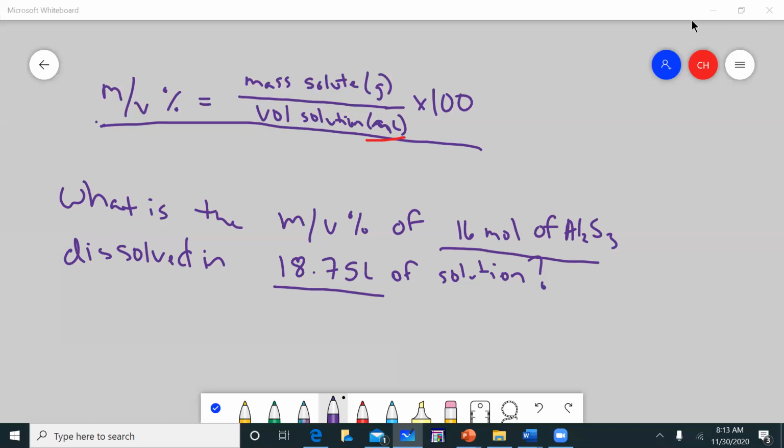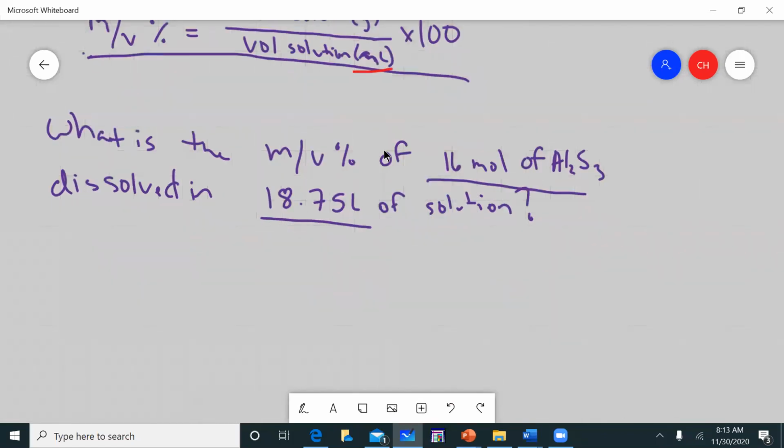All right. When we're trying to figure out mass volume percent, we need the mass of the solute in grams, and we're given moles here.